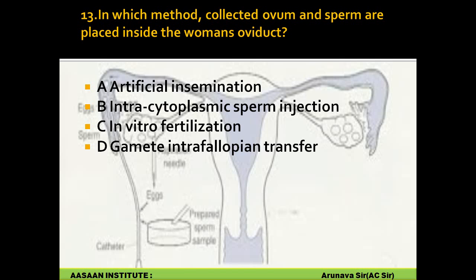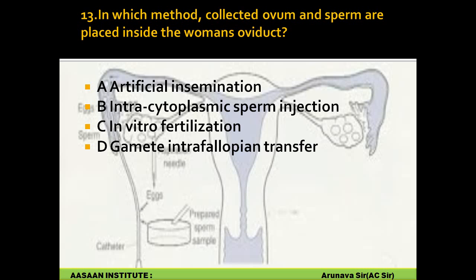In which method are collected ova and sperm placed inside the woman's oviduct? The collected ova and sperm are placed in the woman's oviduct. Ova and sperm are related to what?